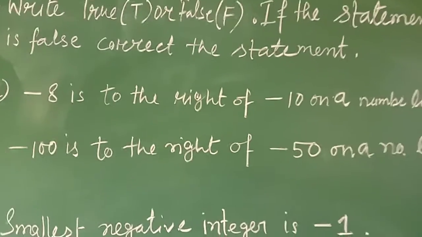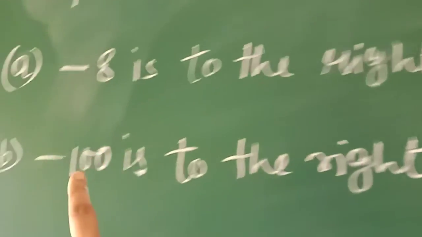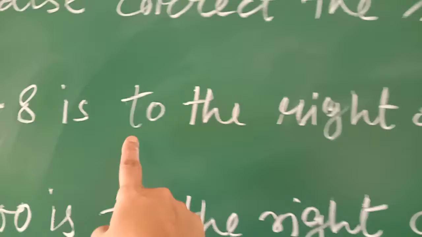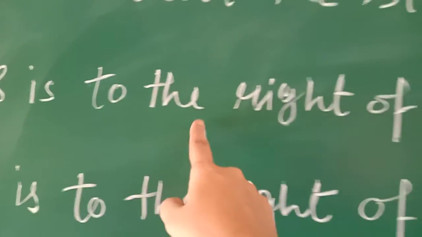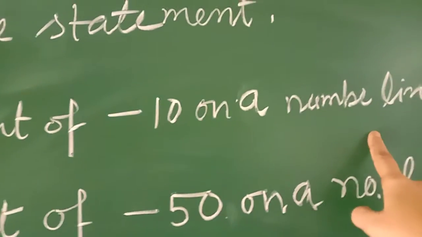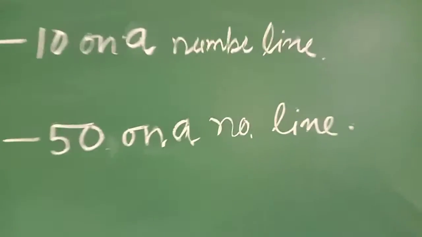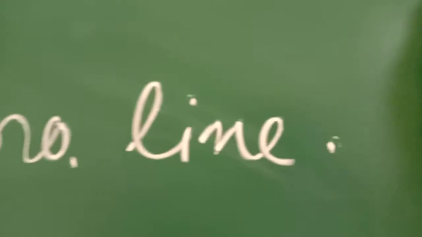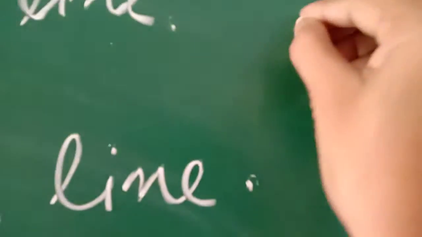So let's try. Now see question number A. Minus 8 is to the right of minus 10 on a number line. Minus 8 is on the right of minus 10.